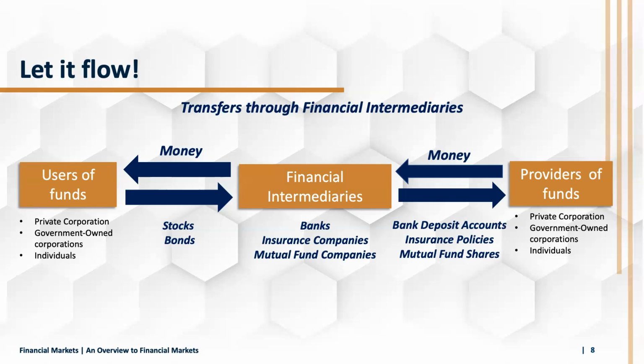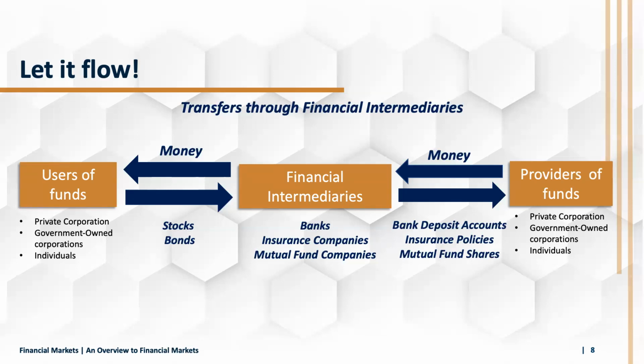That's it. The money that the financial intermediaries collect out of these individual transactions is pooled and goes to the users of funds because they would like to purchase stocks and bonds. Now, at the end of the year or whenever the users of funds declare dividends or pay out interests, they would pay out the interest to the financial intermediaries.